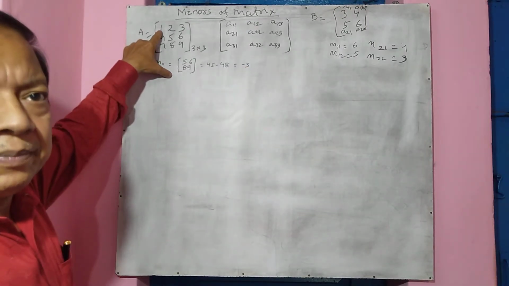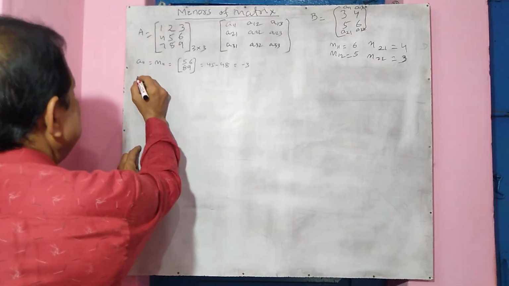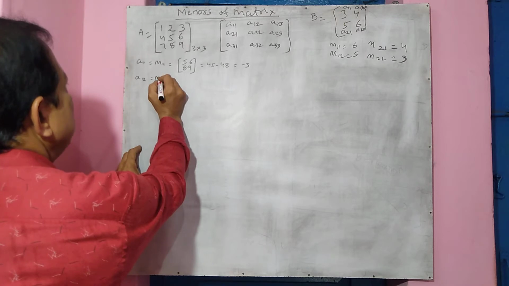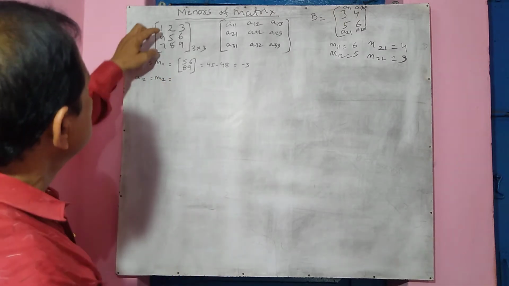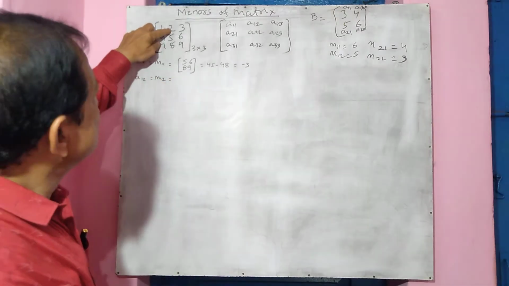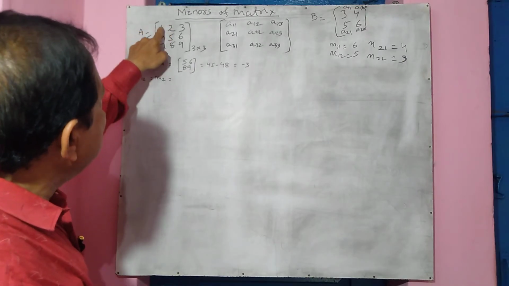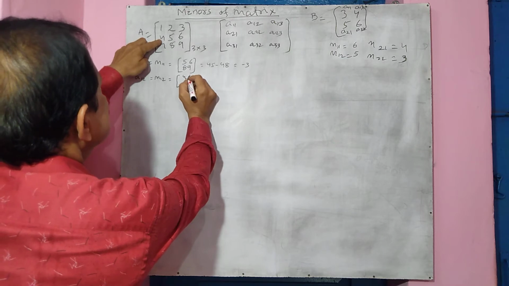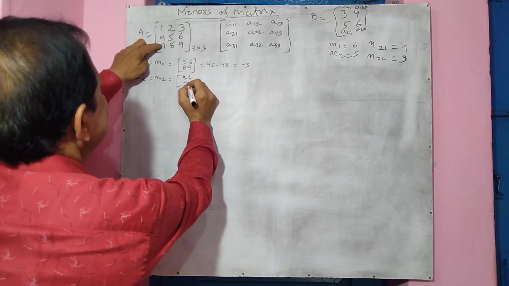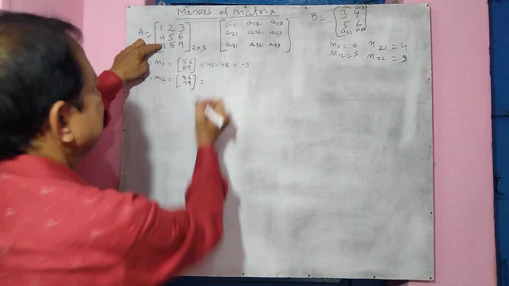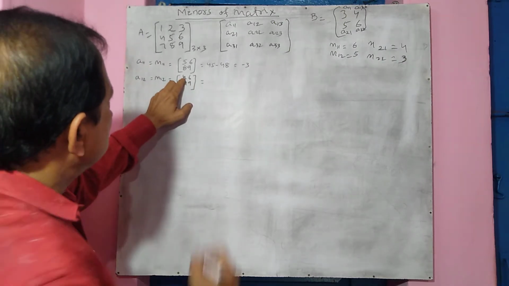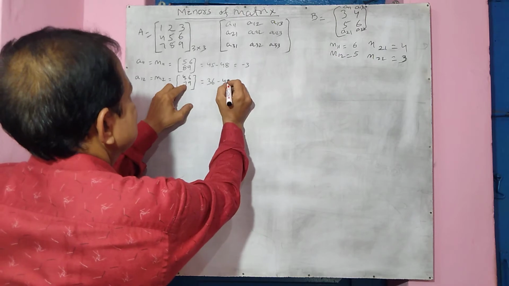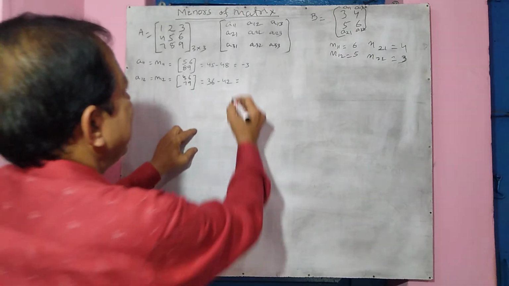Similarly, if I say A12, M12, this number 2: leave this column and this row, and what remains is 4 6 7 9. That is 9 into 4, 36, minus 7 into 6, 42, is equal to minus 6.